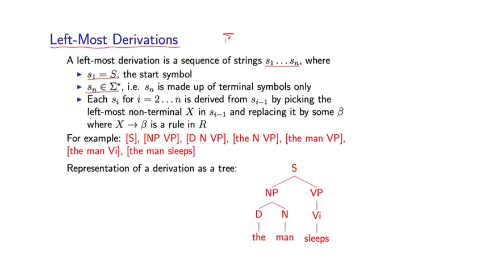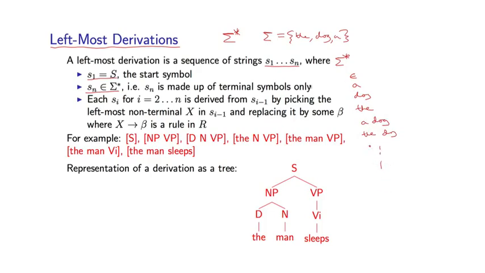So sigma star is just the set of all possible strings which can be derived from sigma. So if I have sigma is the, dog, A, then sigma star includes strings like just the empty string epsilon, A, dog, there, two-word strings like a dog, the dog, and so on.